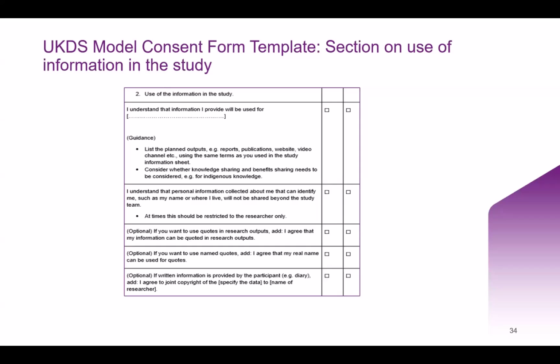And there is an item or clause about personal information, then whether they are using codes in research outputs, so the use of any information that is being collected. It also addresses the confidentiality aspect by asking what can or cannot be shared.